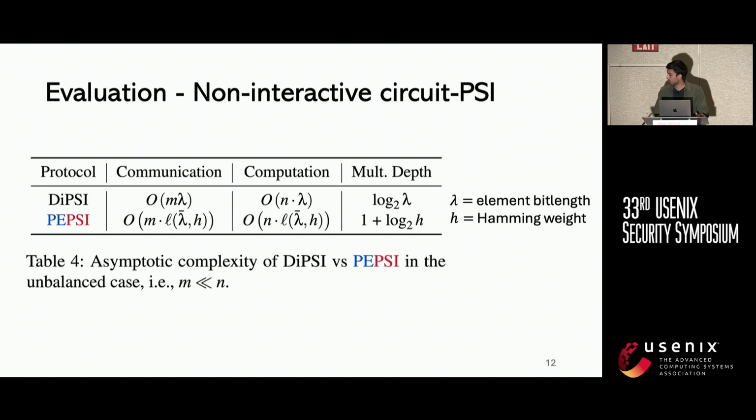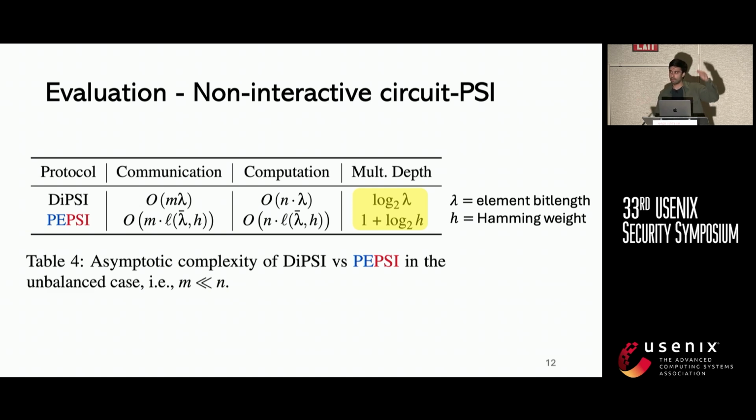Now, their work, because like I said, it's in the same model and it's only sending the client set over the network, can be asymptotically optimal. And ours is somewhat similar in asymptotics, but it's hard to precisely compare because now we have the new parameter, the Hamming weight. But the thing that you can definitely notice is the multiplicative depth, where, as I alluded to before, in the case of DIPSI, the multiplicative depth depends on the bit length of the elements you're comparing.